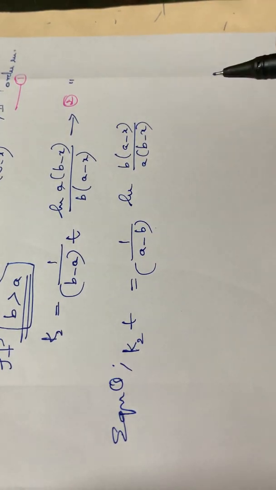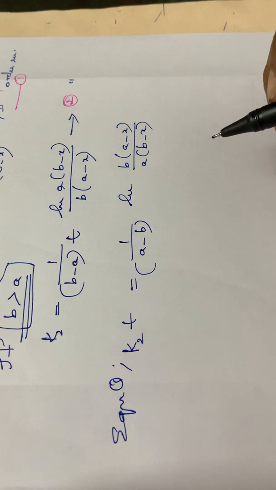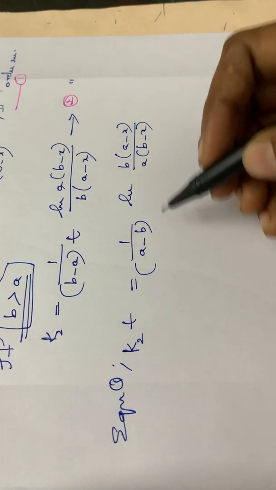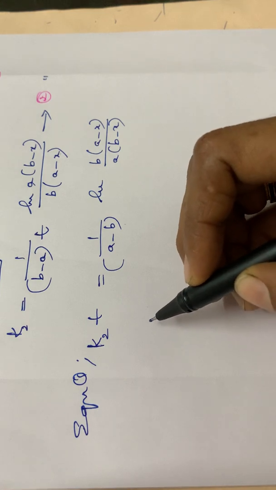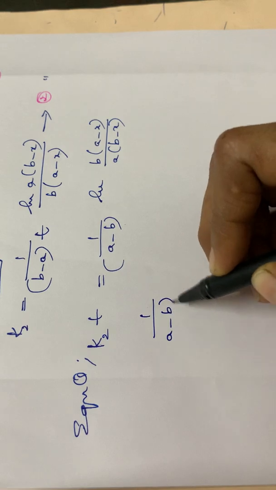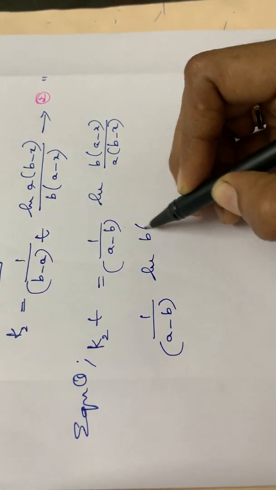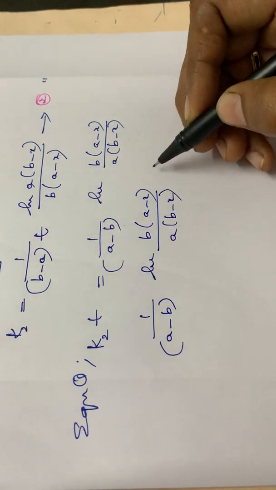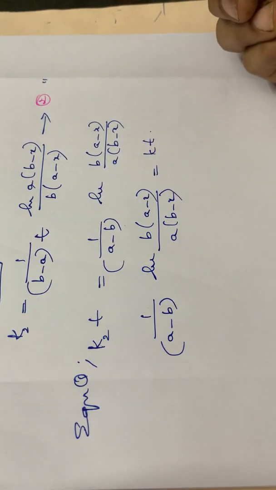See here, can you see any resemblance with any equation you had studied in your mathematics? Again I can write this as 1 by (a minus b) into ln b into (a minus x) divided by a into (b minus x) is equal to k t.